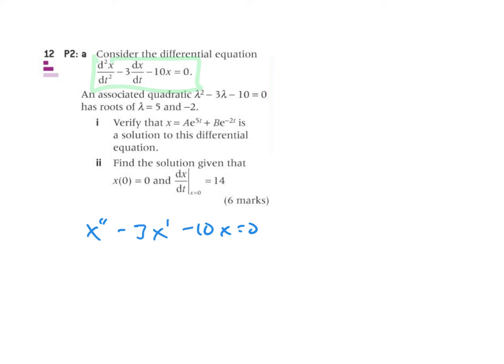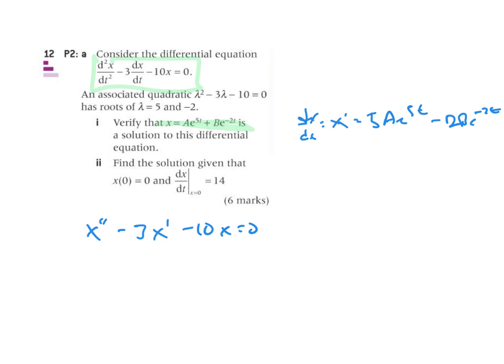I'm going to take this equation here, which is x, and I'm going to take the derivative, dx/dt, which I know is x prime, and it's going to be 5ae^(5t) minus 2be^(-2t).